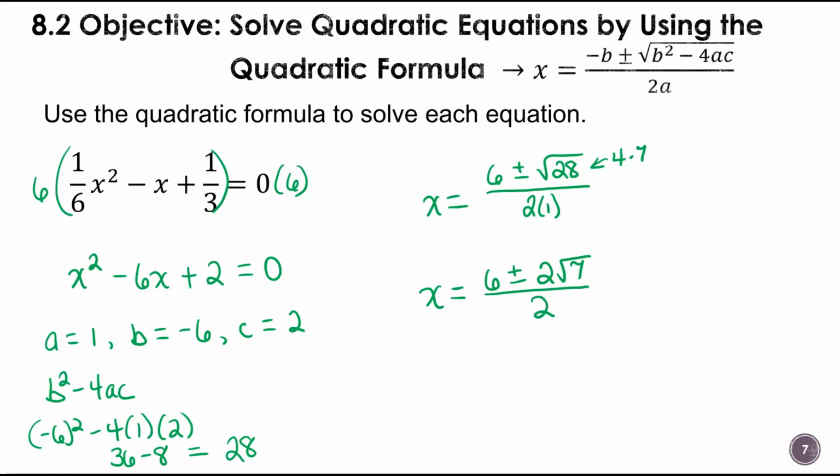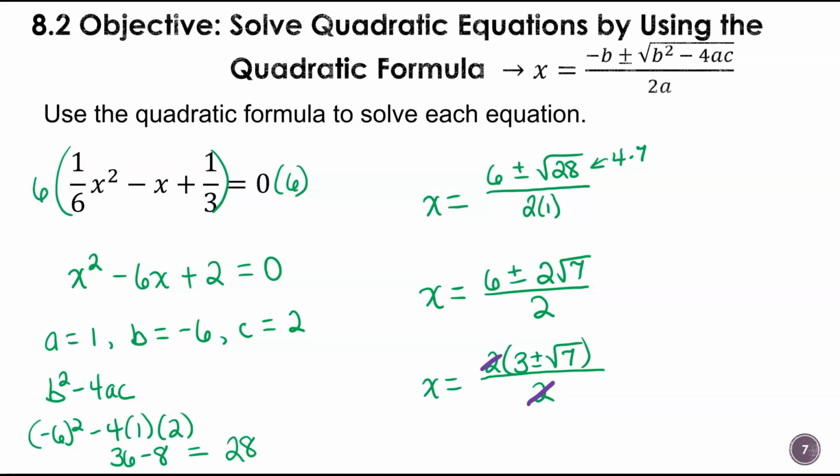Now this does have a common factor, and you should always be on the lookout for this so that you do simplify this when needed. I'm going to factor out a 2, right? If I factor out a 2 from my numerator, that's 3 plus or minus the square root of 7 over 2. And then I can remove that 2 because it equals 1.